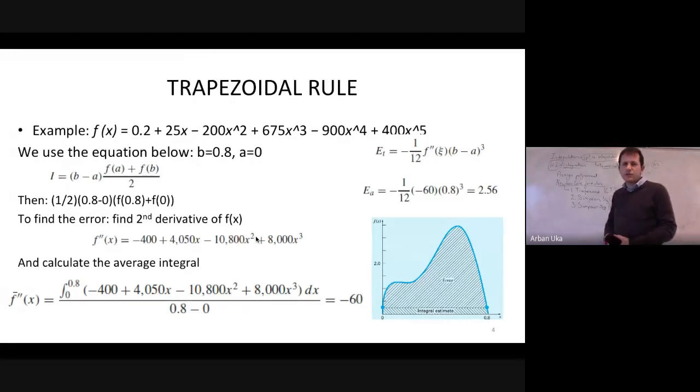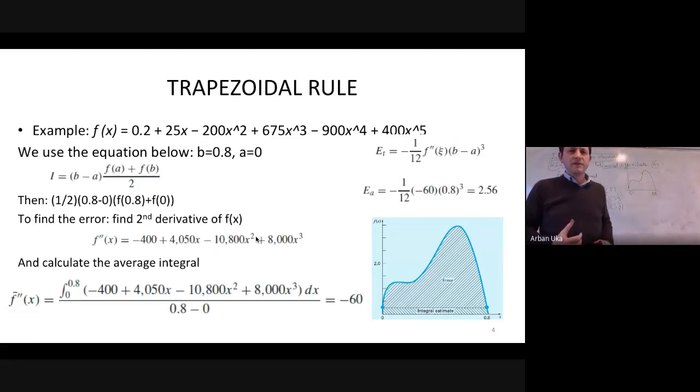Now, in this polynomial, if we substitute the value x equal to 0, the first point, we see that the value of the function, f(0), is going to be equal to 0.2. And the value of the function at 0.8 is 0.232.